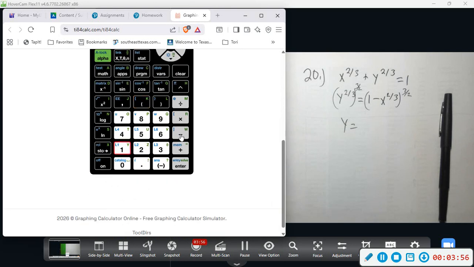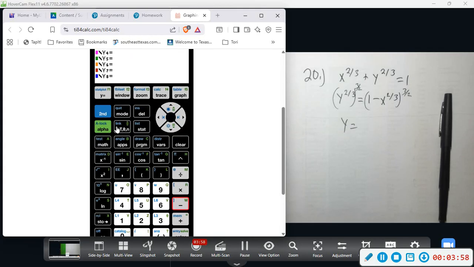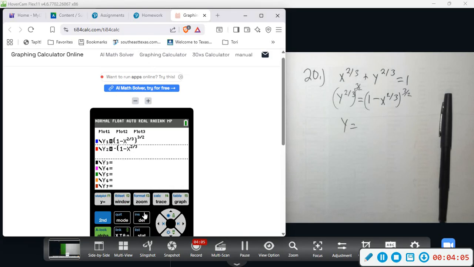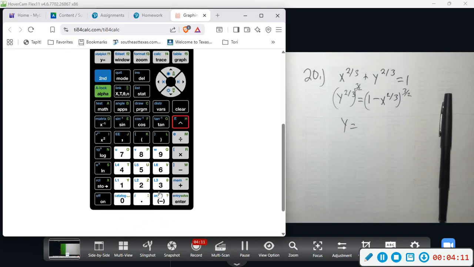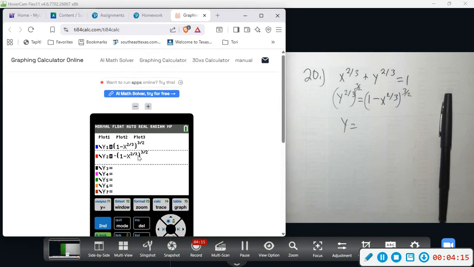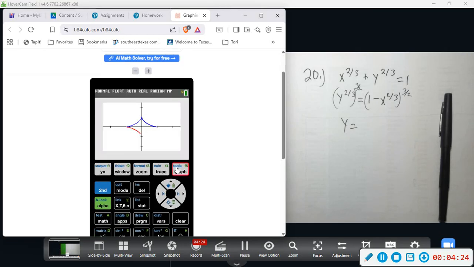It's 1 minus x, and then we're going to raise it to the 3/2. So the calculator doesn't get that second one. You would have to understand that when you're doing this square root, 2 on the bottom, you get plus or minus. So if I graph it now, it does that line, and you see the whole shape.